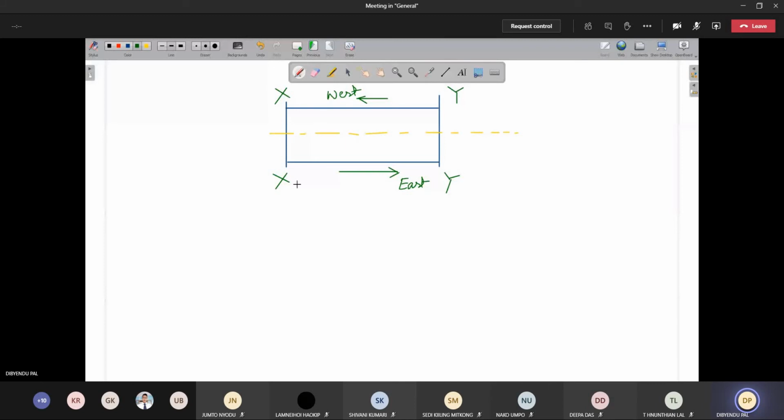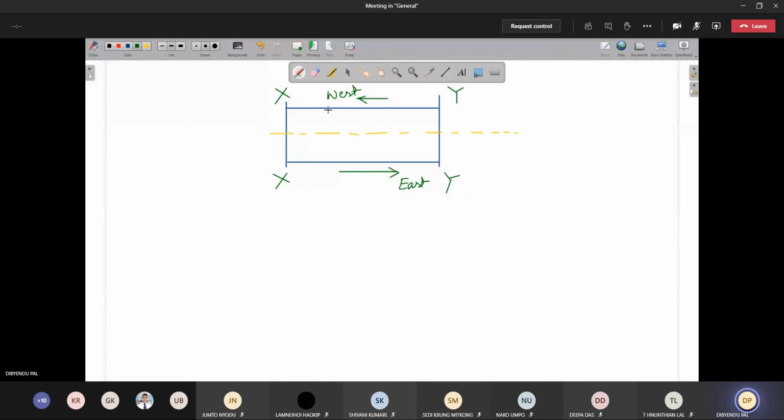One is the x-x location, another is the y-y location, and vehicles are moving in the east direction here and in the west direction here. Basically, we can say towards the x-x direction vehicles are going, and here towards the y-y direction vehicles are moving. I have done a reverse just to match with the books.